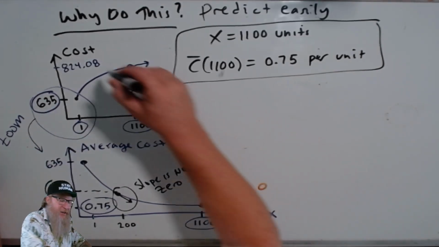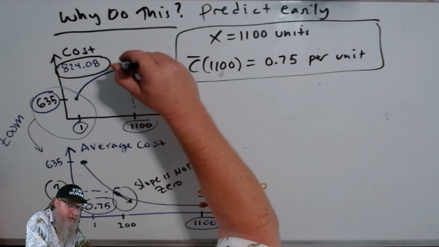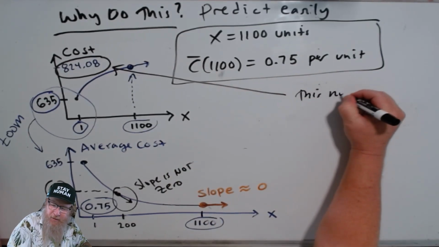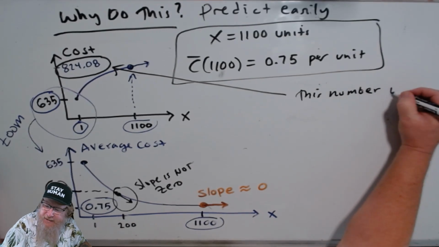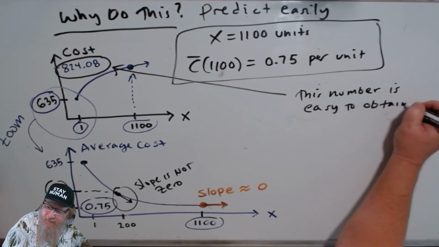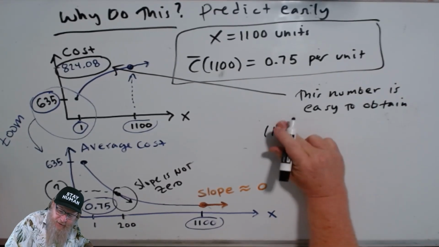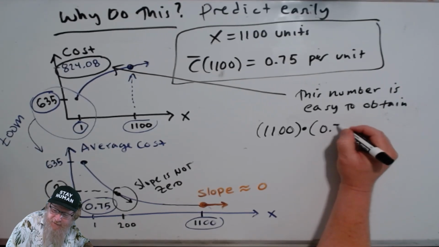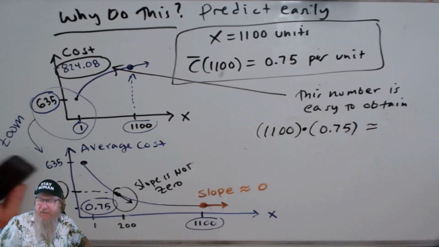Well, watch. Look at how easy it is to reproduce this number. This number is easy to obtain. 1,100 multiplied by 75 cents.